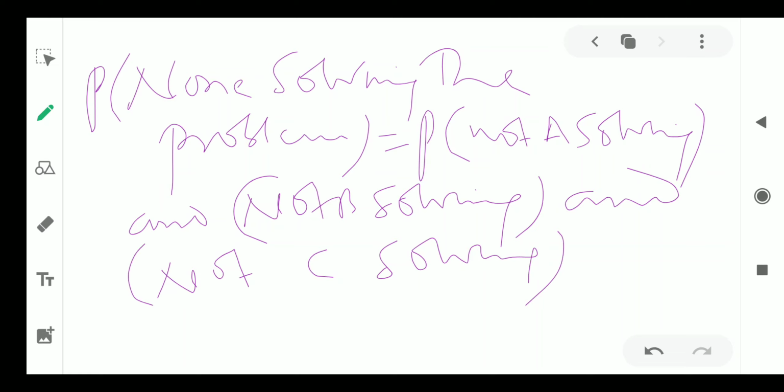So this we can write as P of A bar intersection B bar intersection C bar.